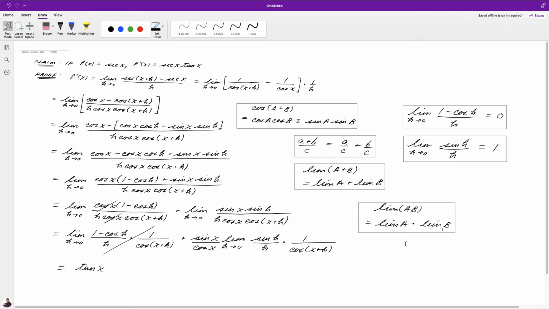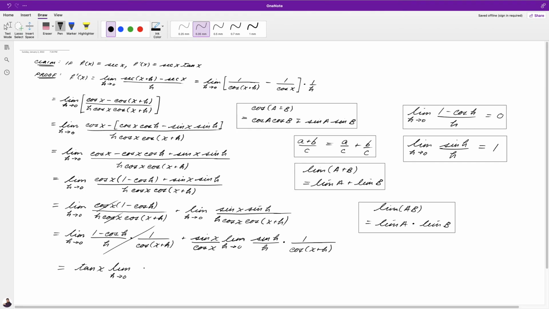But I'm assuming that if the viewer is watching this video, seeking to find a proof for the derivative of secant x, that the viewer is comfortable with limit properties and comfortable with these two limits here.